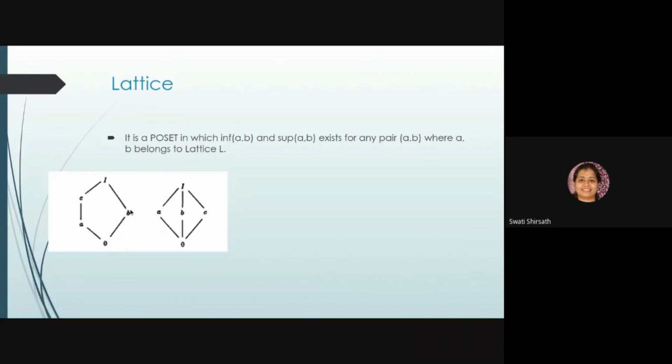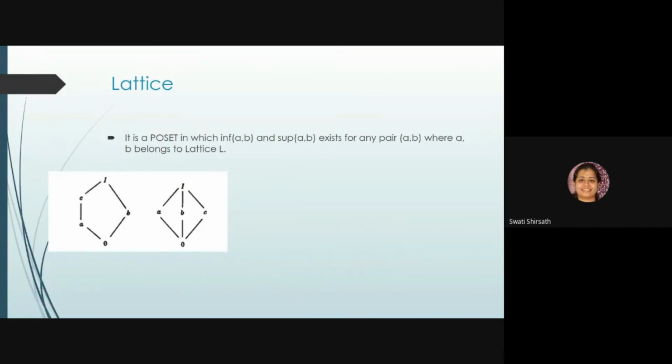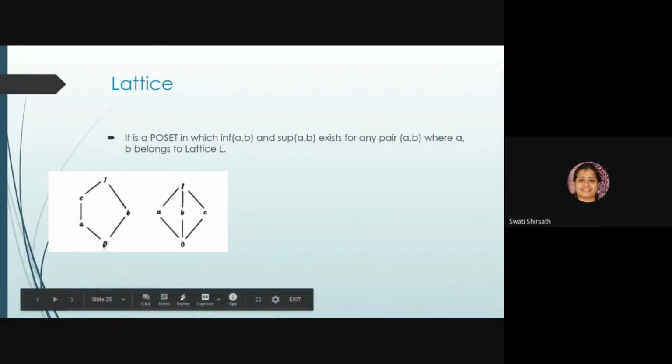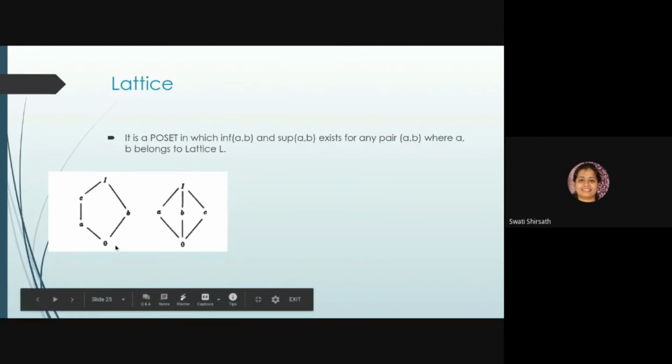For 0 and B, this is GLB and this is LUB. So we have covered these. Even for C and B, check. For C and B, we don't have any direct connection, so we'll go in the upward and downward direction. So for C and B, LUB is I and GLB is 0.